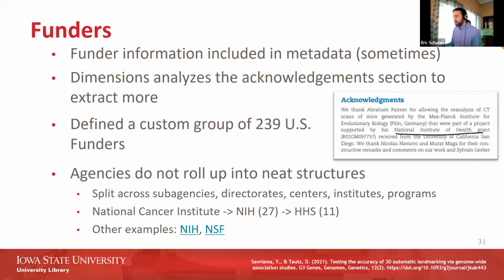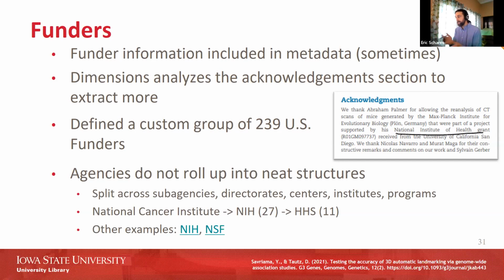And really, another big problem in constructing this is the fact that if authors acknowledge their funding and they do it in a way that Dimensions can detect, there is no standardized rule on what level they acknowledge. So it could be something as small as a sub-agency, a directorate, an individual center or institute or program, or it could be the larger umbrella organization that rolls up multiple of these institutes and programs together.